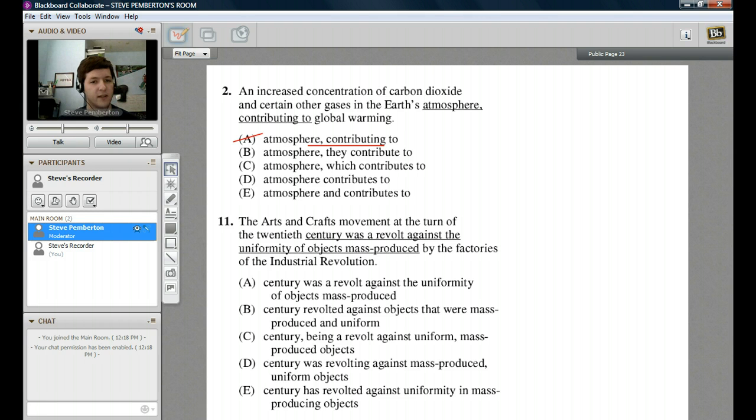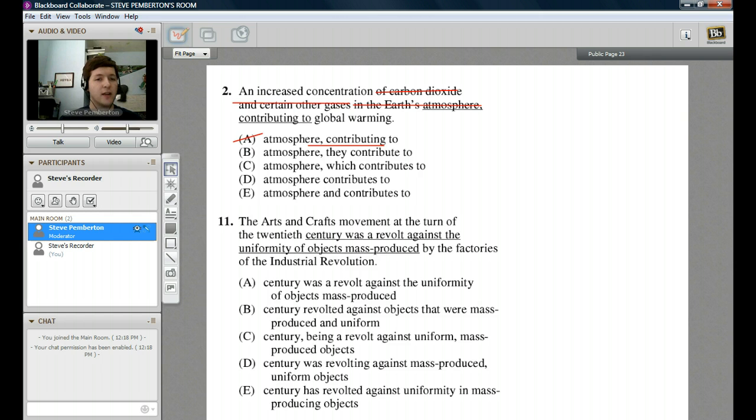Usually ignore prepositional phrases. So of carbon dioxide and certain other gases, we don't care. The subject is an increased concentration. And actually, you can also ignore the second prepositional phrase in the Earth's atmosphere. The core grammar of this sentence is an increased concentration contributes to global warming. And that's a complete sentence. There's nothing left wondering. It's not as detailed, but it is a complete grammar sentence.